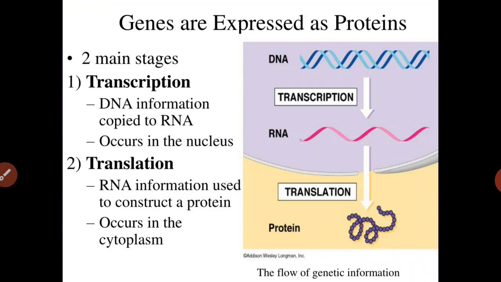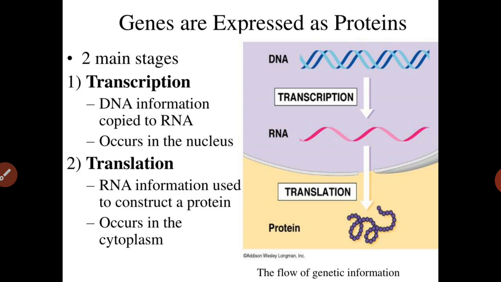The second process is translation. RNA information is used to construct a protein. This process occurs in the cytoplasm. From the DNA molecule, mRNA will get formed, the strand of mRNA.